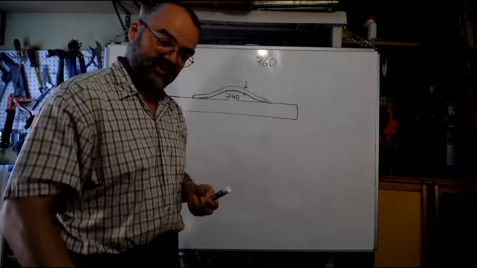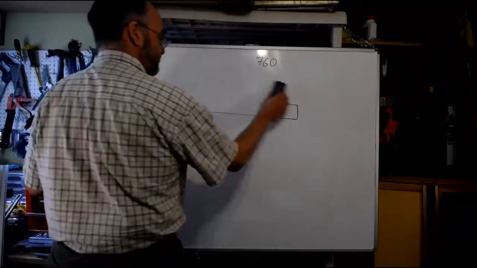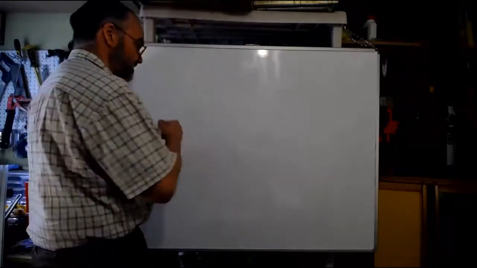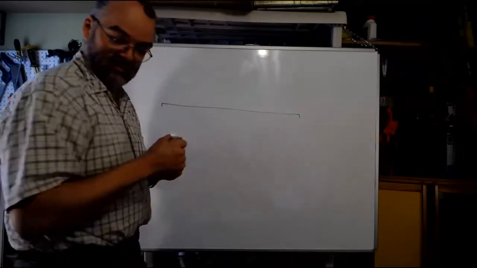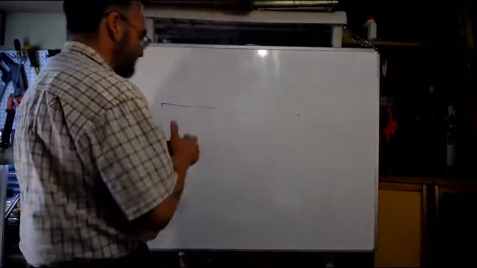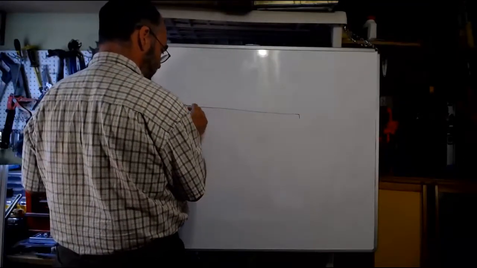Let's talk about another example that you've probably experienced. If you've ever worked in the kitchen, you know that sometimes you'll have a countertop which is wet. So let's put a thin layer of water on here.